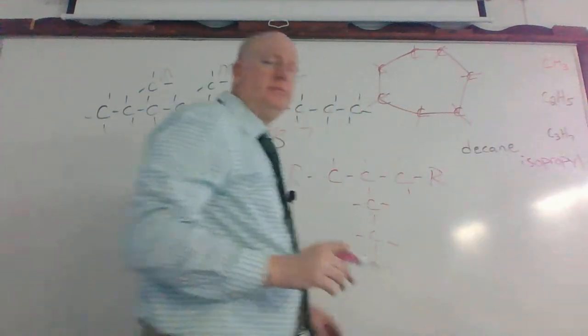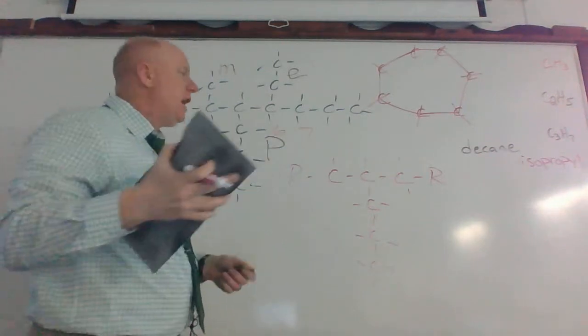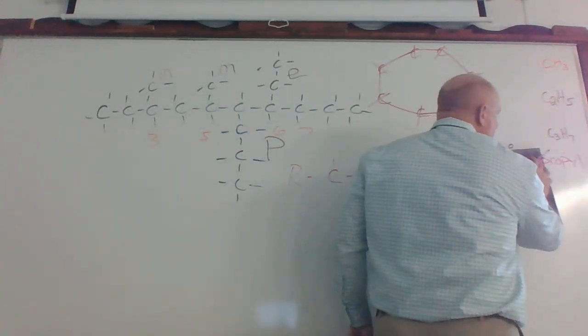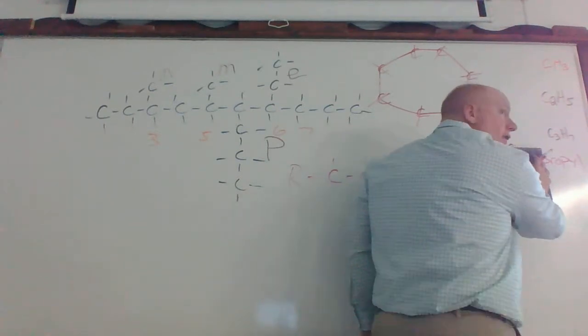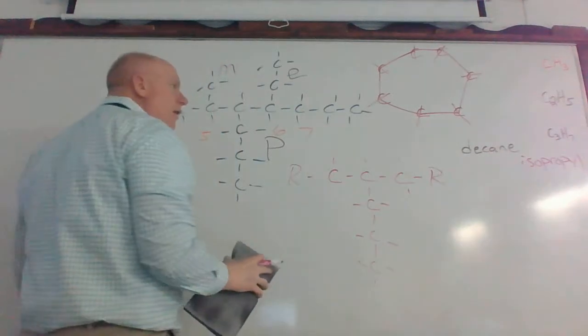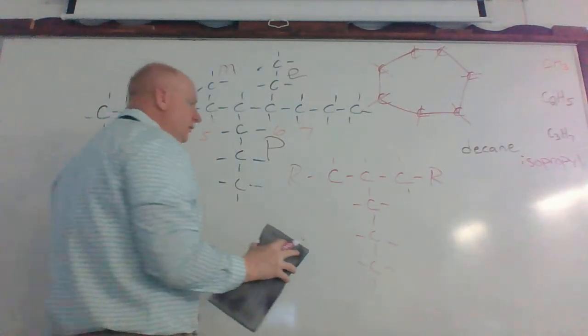Isopropyl. Okay? So, what that means is how many carbons do we still have in an isopropyl group? 3. There's still 3 carbons. Okay? So, the structure is different in isopropyl.